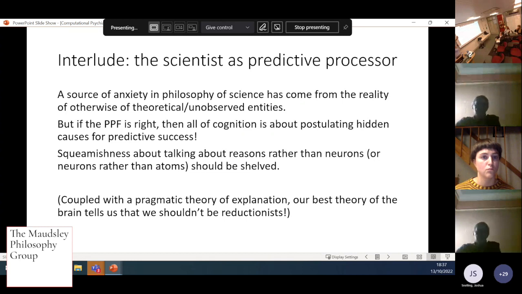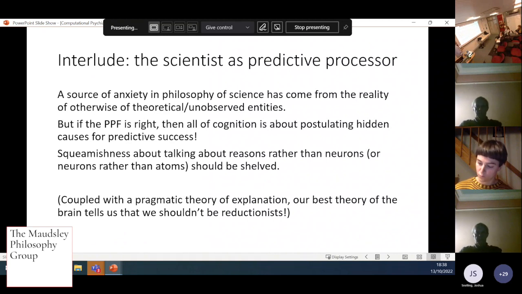But if the predictive processing framework is right, then all of cognition is about postulating hidden causes for the purposes of predictive success. So squeamishness about talking about reasons rather than neurons, for example, should technically be shelved, if you buy into predictive processing, because that's what predictive processing says cognition is all about.